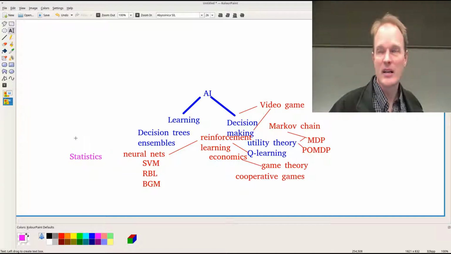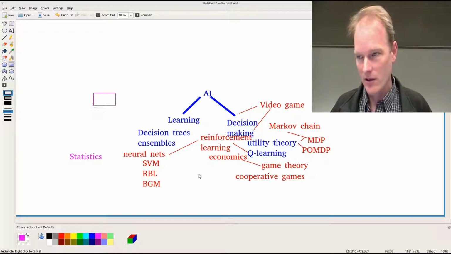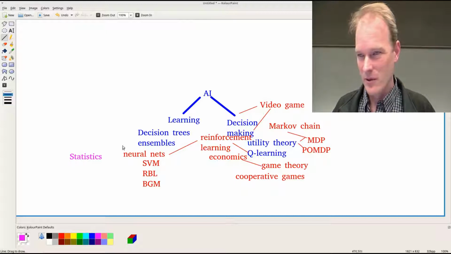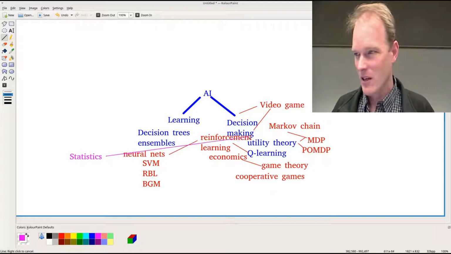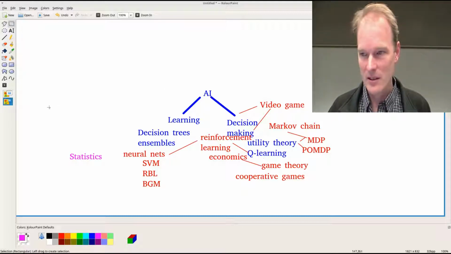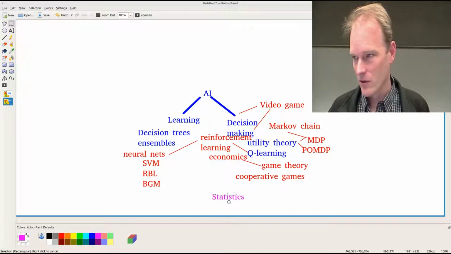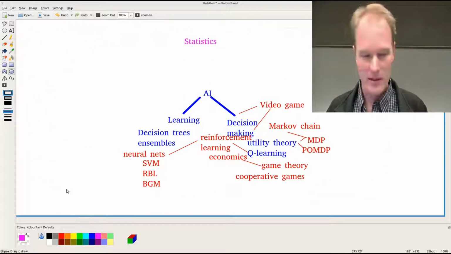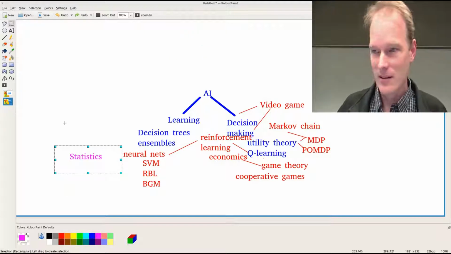So if you know a lot about statistics, you'll be very strong on the learning side. Although that's kind of true over here too. There's still a lot of statistics involved in utility theory and decision making. So I guess I should probably move statistics over. Statistics is kind of everywhere. We'll just draw the great big wrapping, enveloping circle for that one.